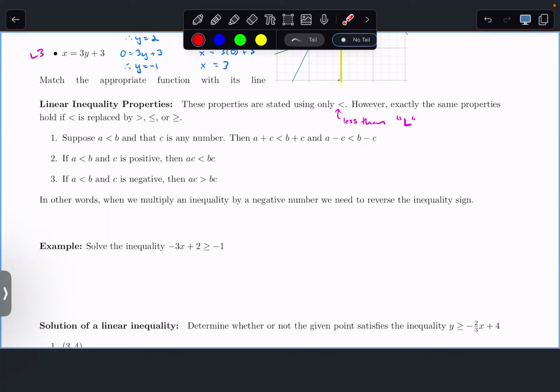And you can pick values of A and B that satisfy this criteria. 2 is less than 4, right? And then if I let C be 1, 2 minus 1 is less than 4 minus 1, still true. So this one, I'll just say no change in the less than, right?